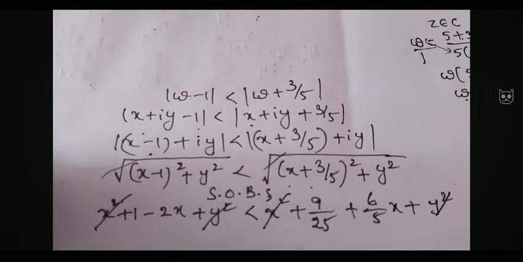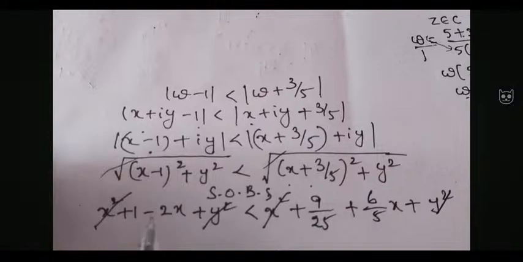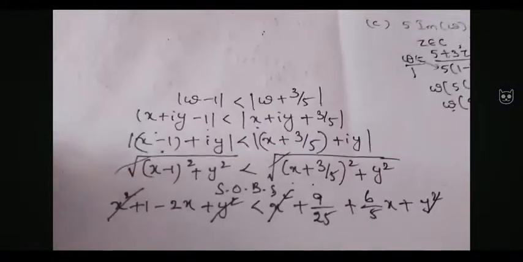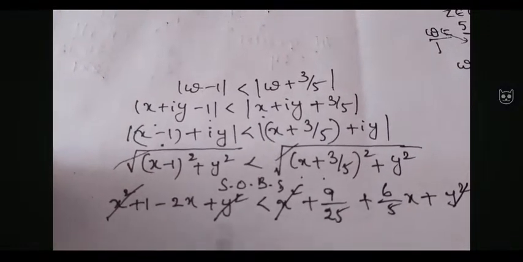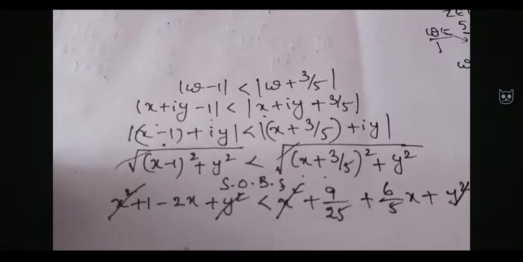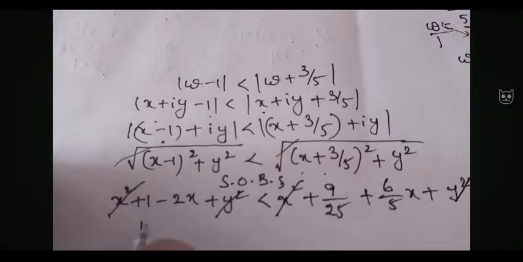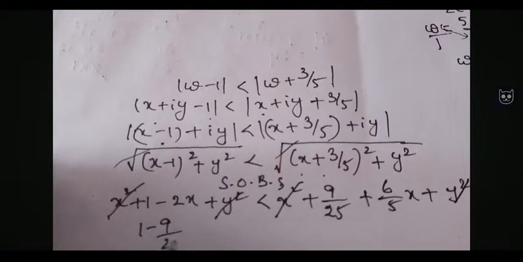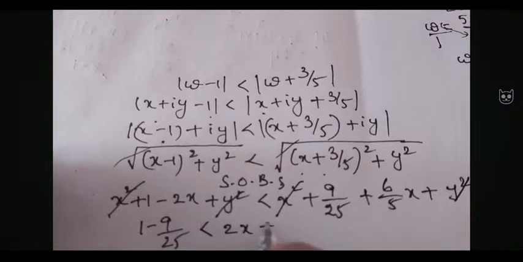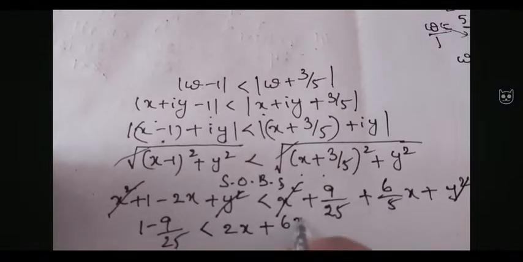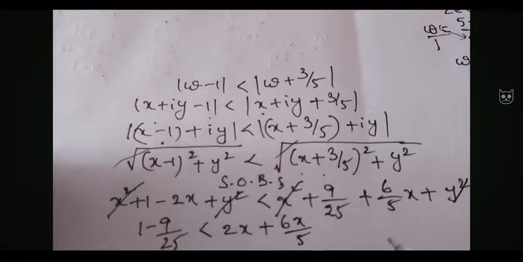Now send x terms to one side, constants to another side. So I will bring this minus 2x to the right hand side and this constant number to the left hand side. It will become 1 minus 9 by 25 less than, minus 2x will become plus 2x, plus 6x by 5.